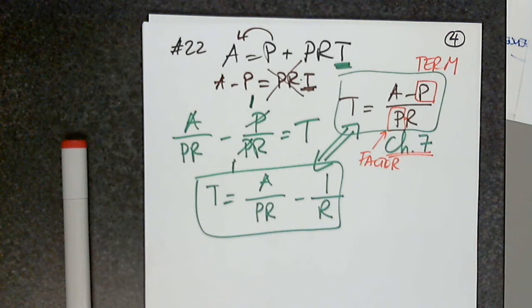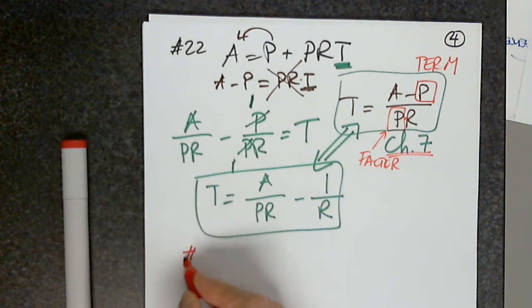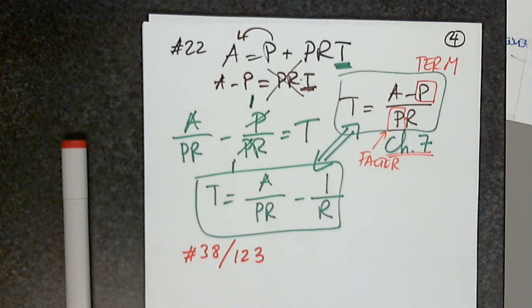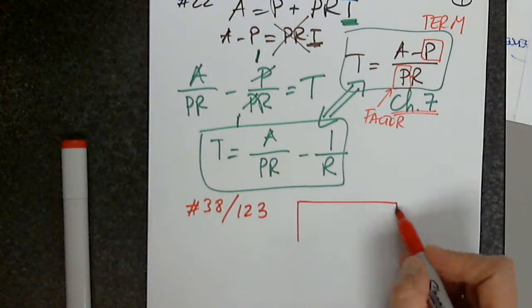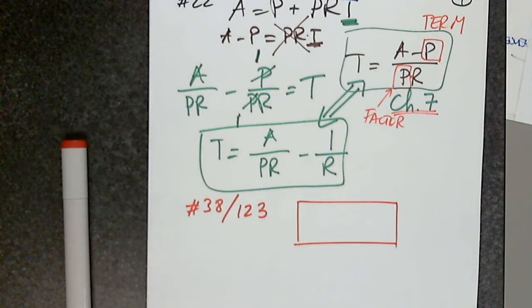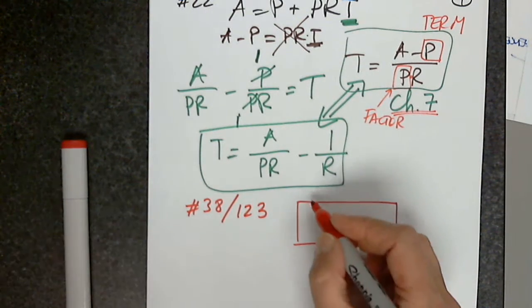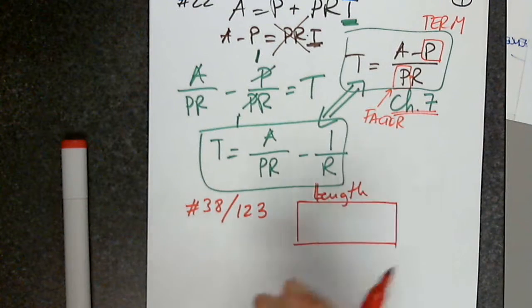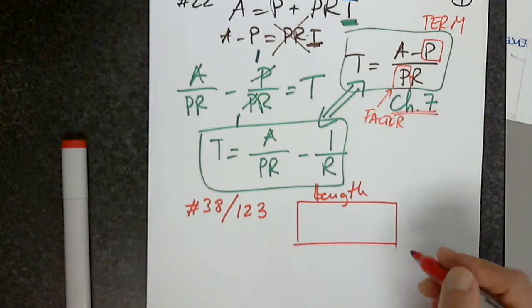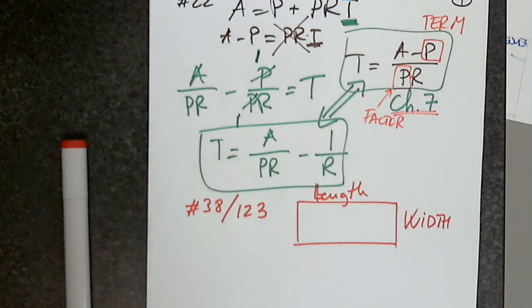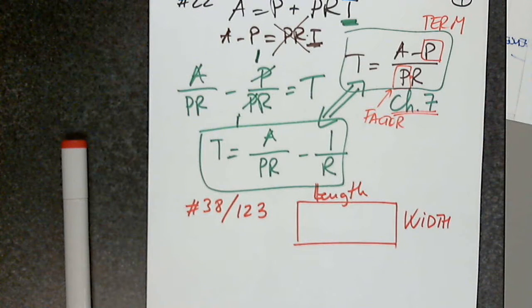Let's look at problem 38 on 123. If the length of a rectangular parking lot is something like this, this is the length, 10 meters less than twice the width, this is the width, and the perimeter is 400 meters, find the length of the parking lot.